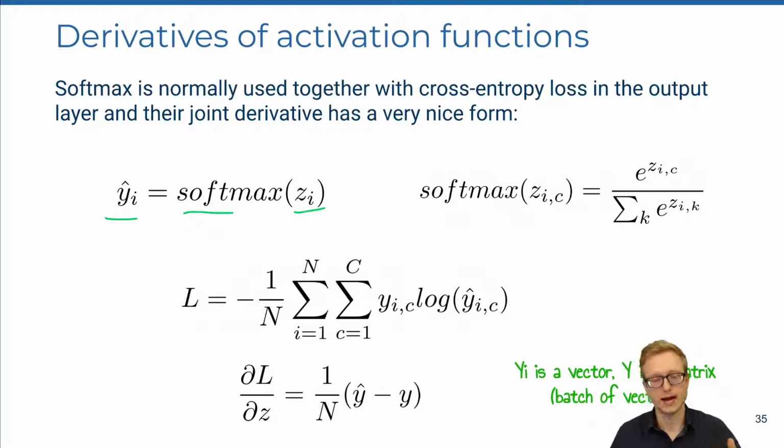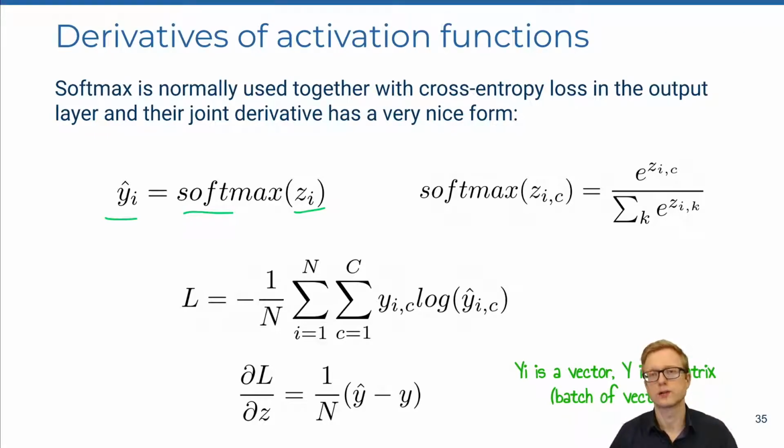So we have a neural network. At the very top output layer, we have the softmax activation function. And then on top of that, we put the cross-entropy loss and optimize that in order to train our model for classification. Now, the backpropagation of partial derivatives through softmax and also through cross-entropy is quite involved.